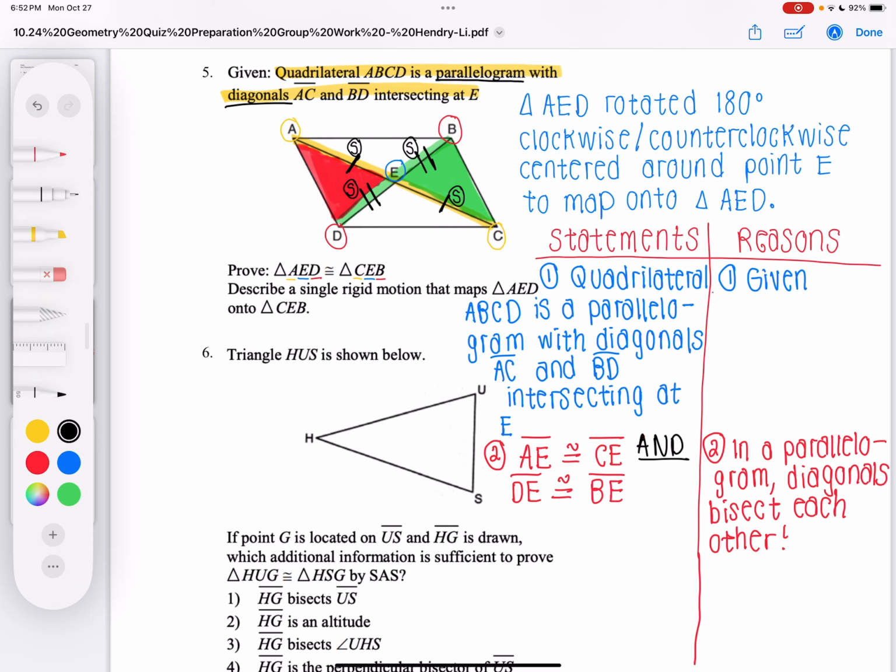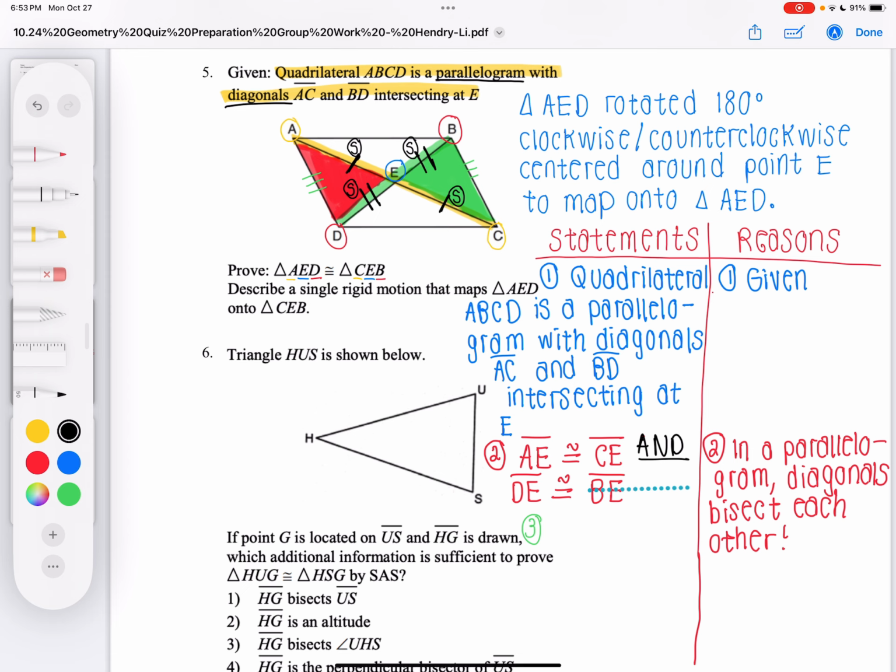We're missing either an angle or another corresponding side length. So remember that whenever you can use side, that's what you're going to do because it's just the easiest. So we can say number 3 is that line segment AD is congruent to line segment BC.